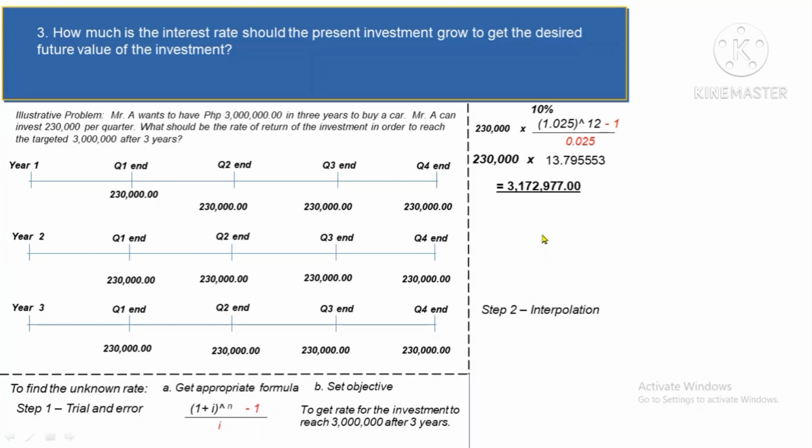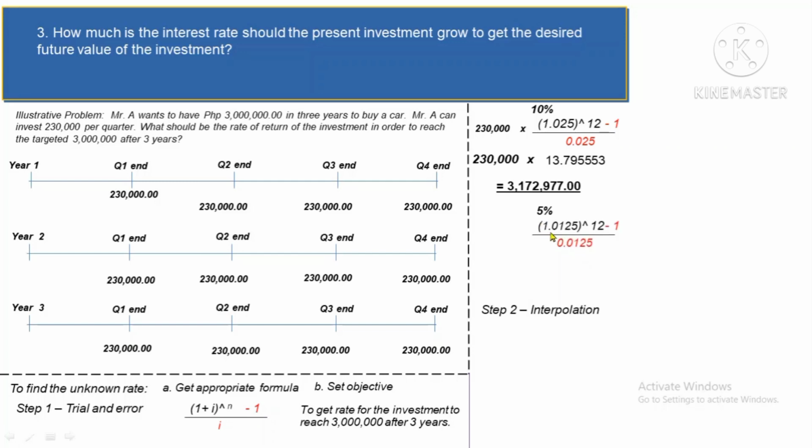Let's say for example, we have 5%. So remember that we are not going to use the 5% directly. We need to divide the 5% by 4 quarters so that we can get the quarterly rate. So if we apply that, we have 1.25%.